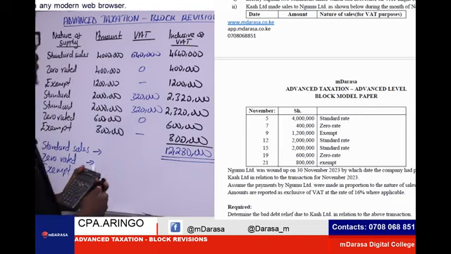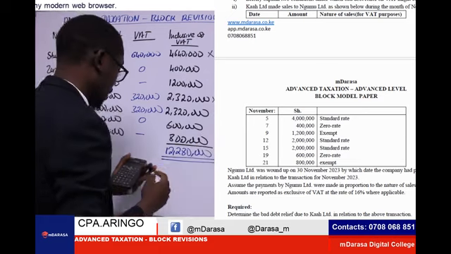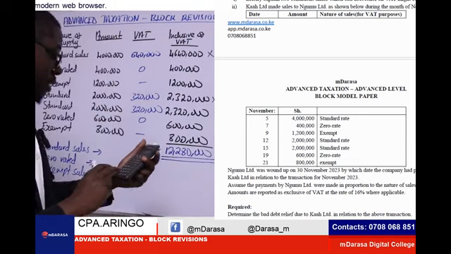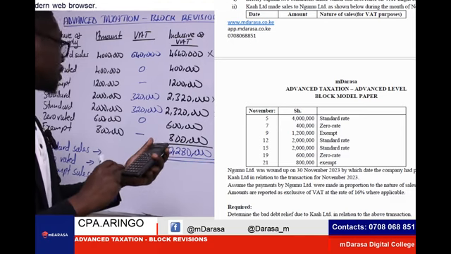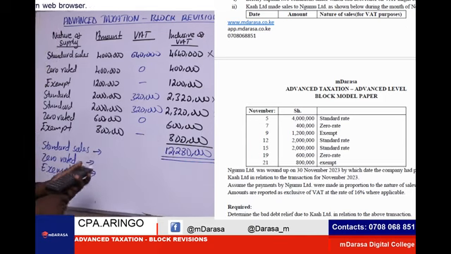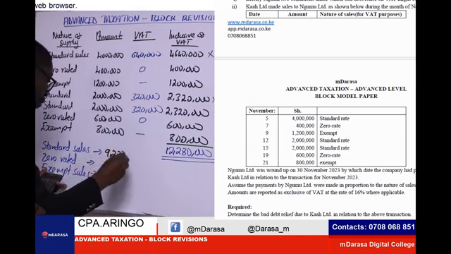For standard, we have this, and this. That is what you're having for standard, which will give us a total of how much? 4,640,000 plus 2,320,000 plus 2,320,000. So total standard is giving us 9,280,000. Okay?